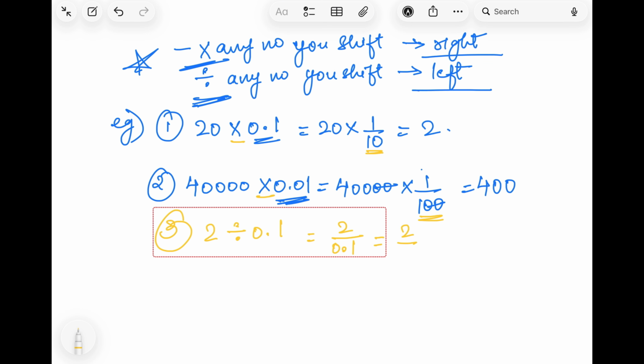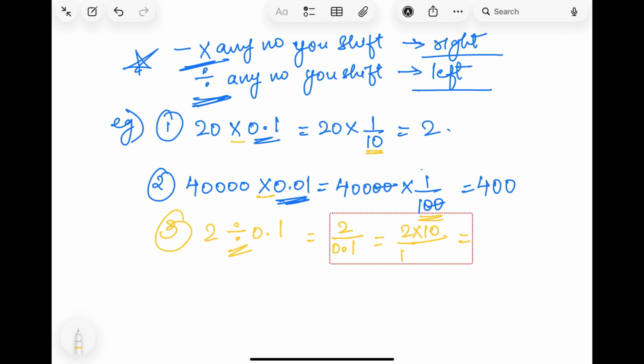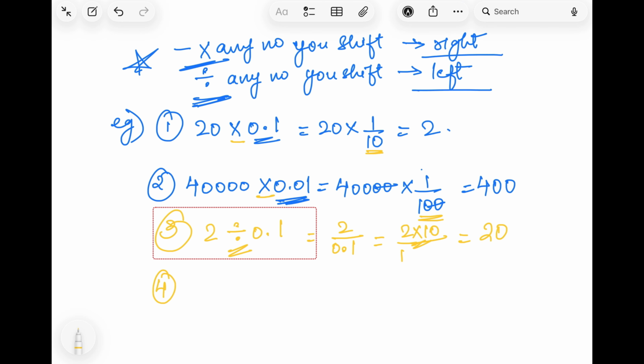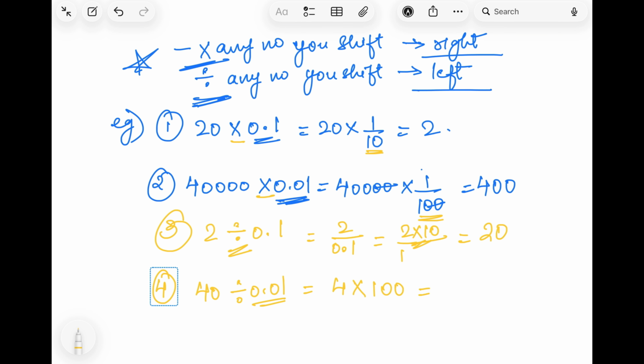So this will be 2 upon 1 and here will be multiplied by 10. When it is divide, we actually multiply by 10. So this becomes 20. Similarly, if we have 40 divided by 0.01, so 4 will be multiplied by 100. So the answer becomes 400.